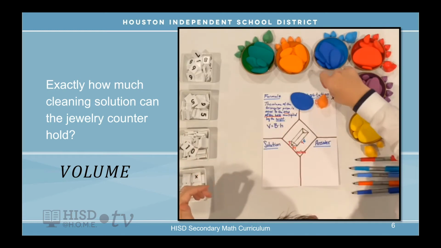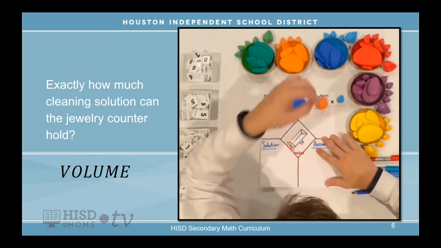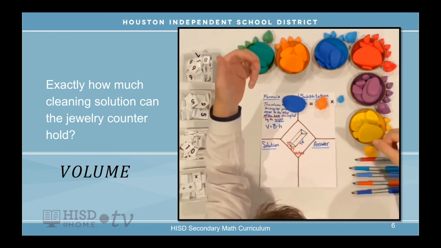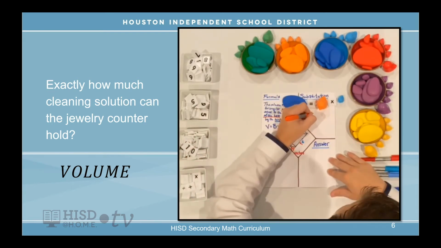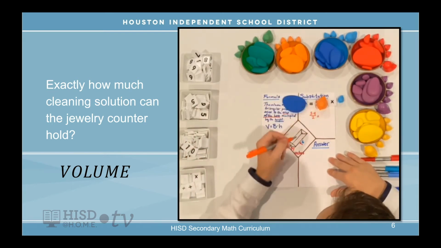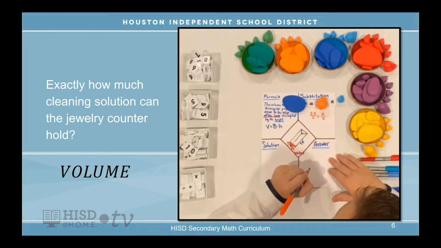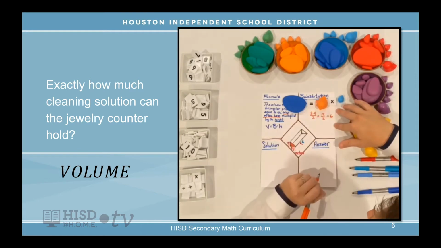So let's use a blue stone for volume, and let's multiply a large orange bird for the base by a blue bird for the height. So 3 times 4 divided by 2 is going to be 12 divided by 2. And 12 divided by 2 equals 6.